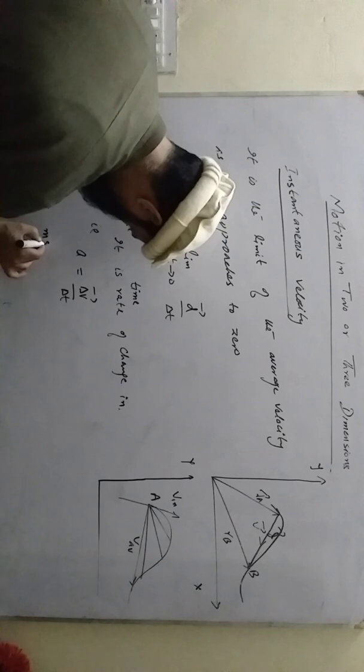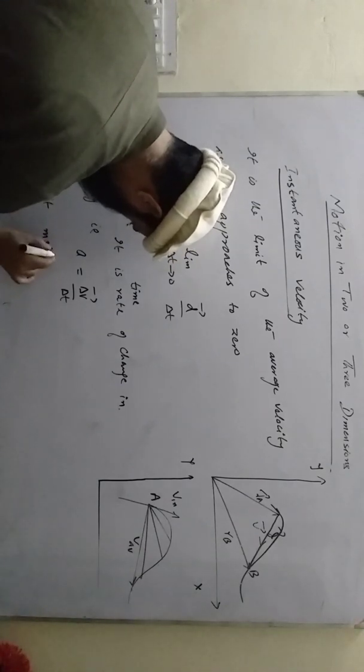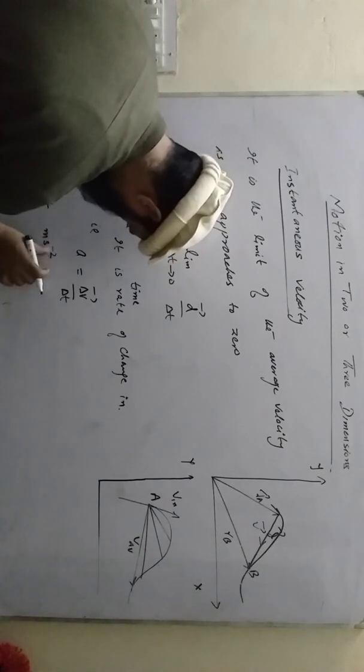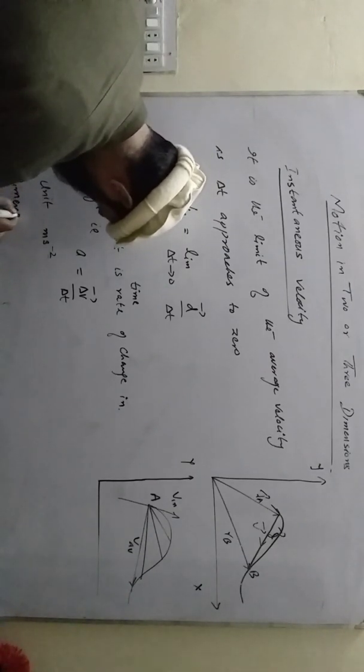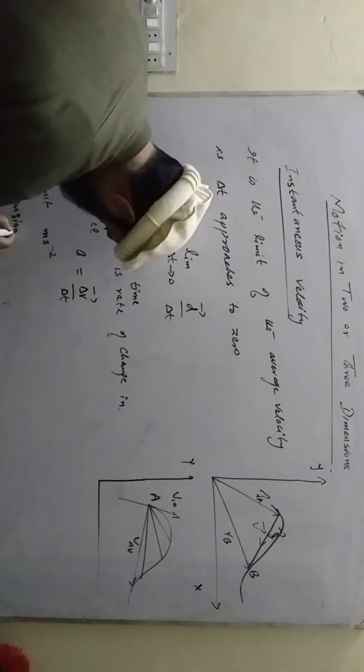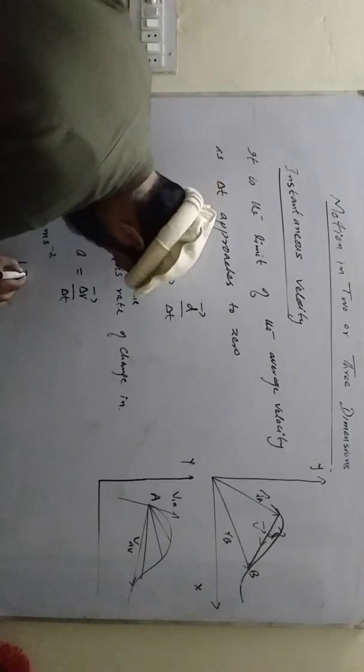Its unit is meter per second square, and dimension is length time minus 2.